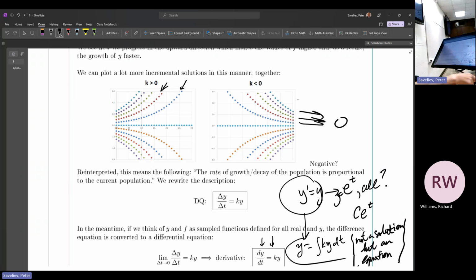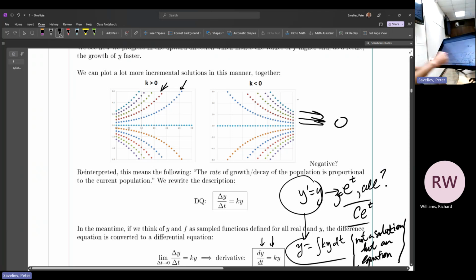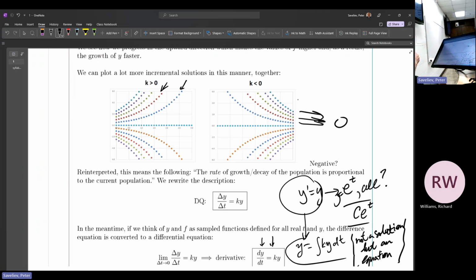So a whole family of functions is then possible as solutions, depending on C positive or negative. We have curves above or below, producing all possible solutions right here. So that's the way to solve an equation, to find all the solutions, which is what we just did. Including C equal to zero, which is constant.